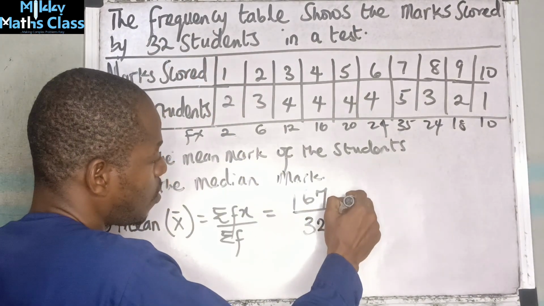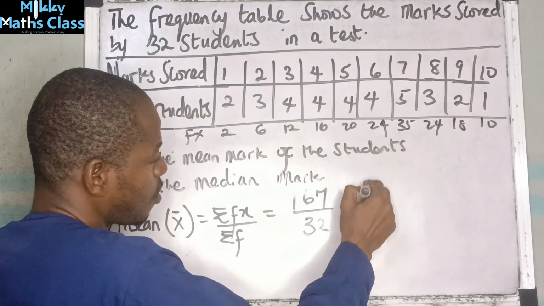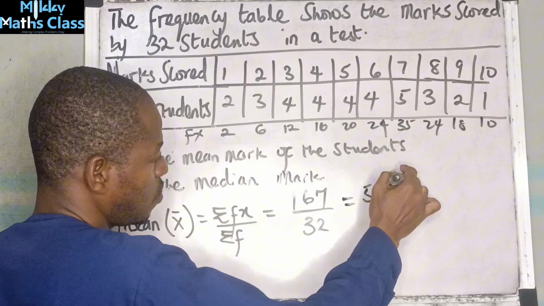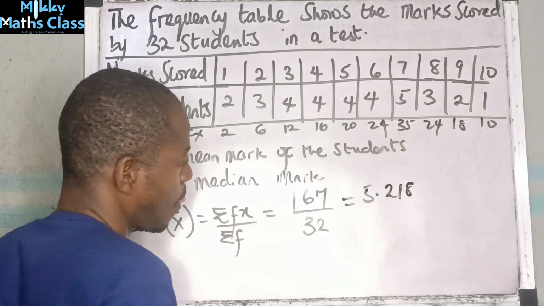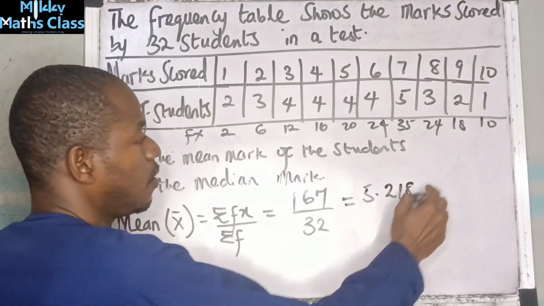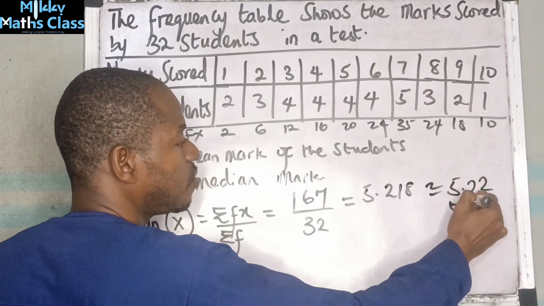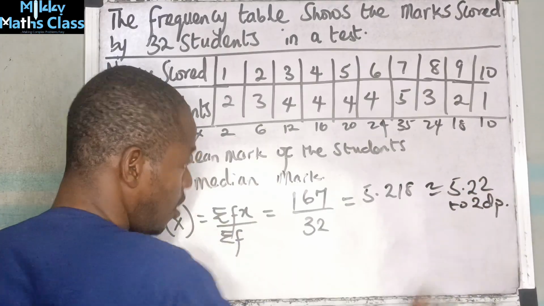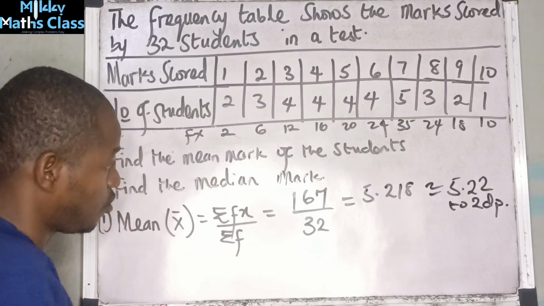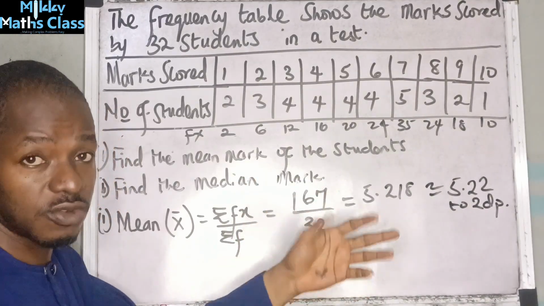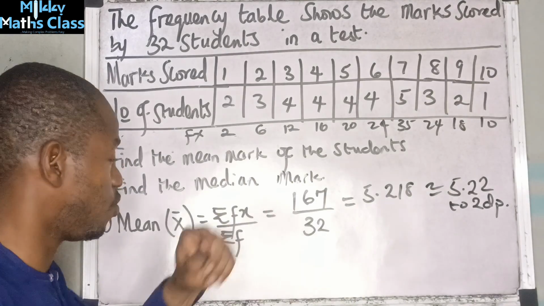This will give us about 5.218. Okay, it's approximately 5.22 to 2 decimal places. So this is the mean of the students, the average score of the student, 5.22.